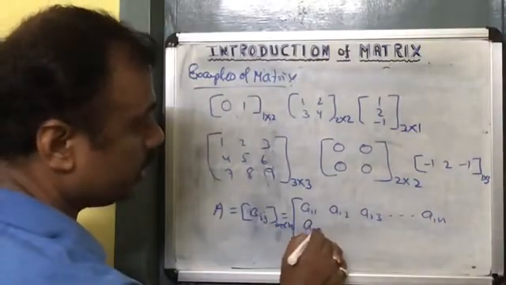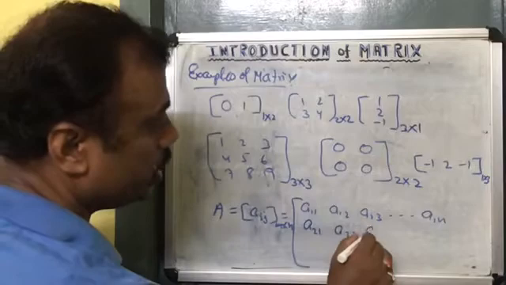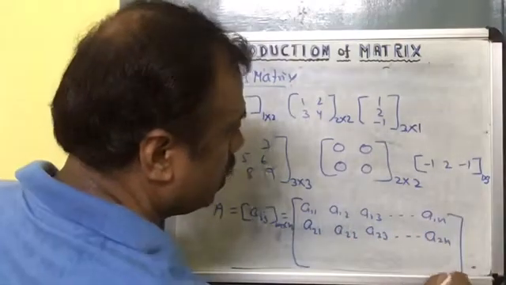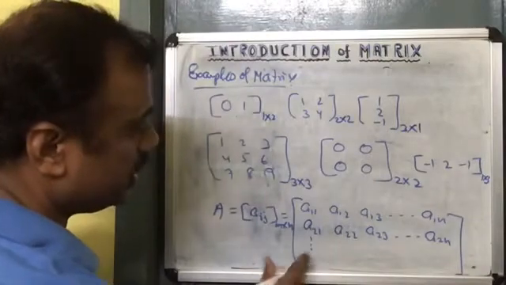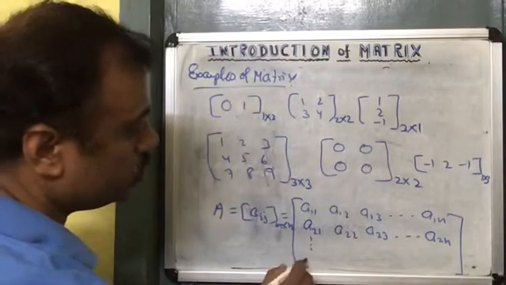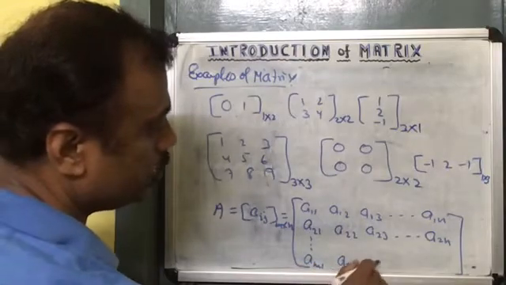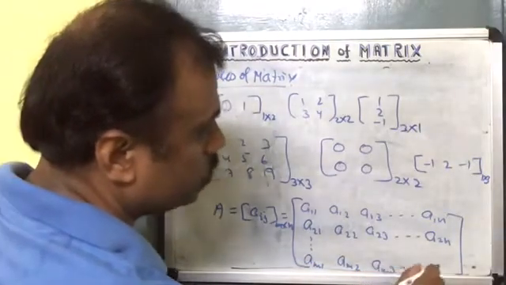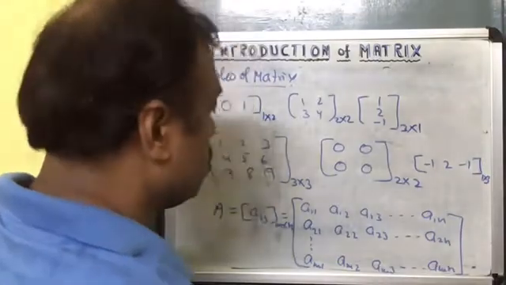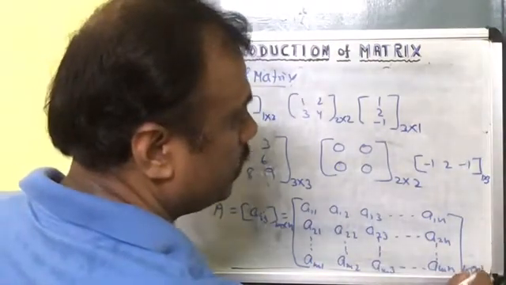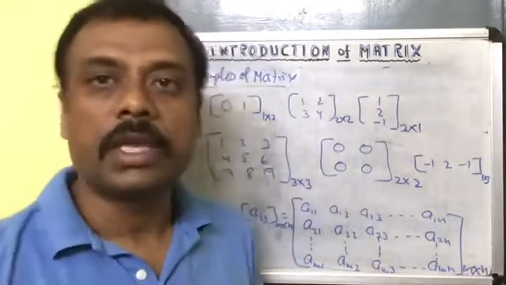Now this one a21, a22, a23 and so on a2n. Similarly here the matrix has m rows, so I will put here am1, am2, am3 and so on amn. The order of the matrix is m cross n.